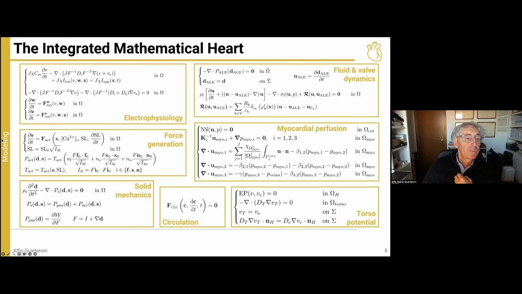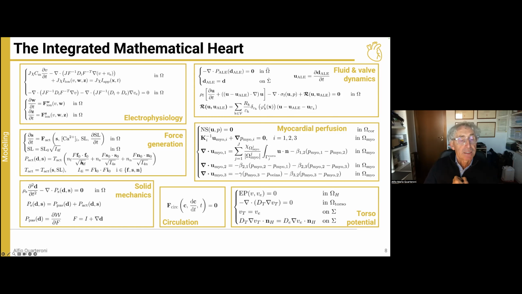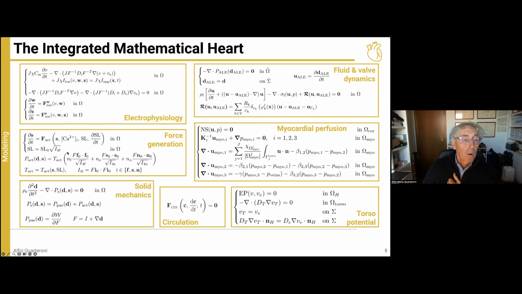We need to assume that there is an active Cauchy stress, which depends on the elongation of the cardiomyocytes, but also on the deformation of the whole myocardium. And as you can see, this active stress depends on three coordinates: the fibers, the sheets, and the normal to the sheets, basically.